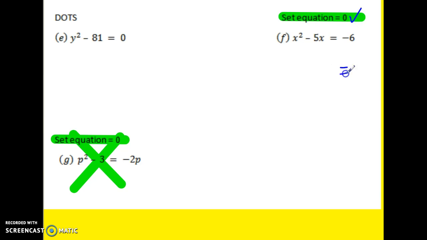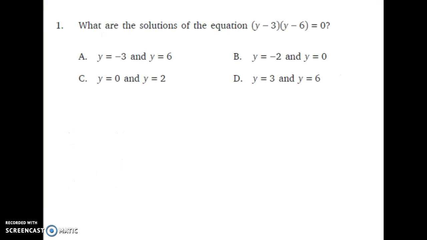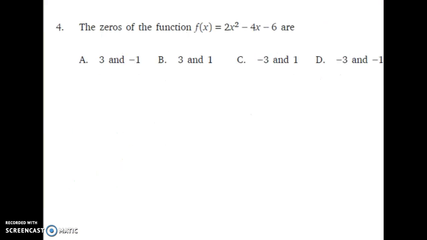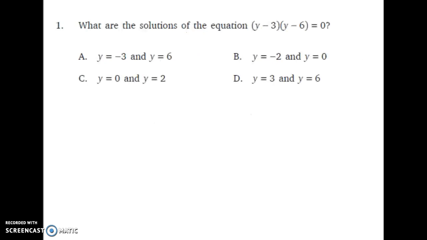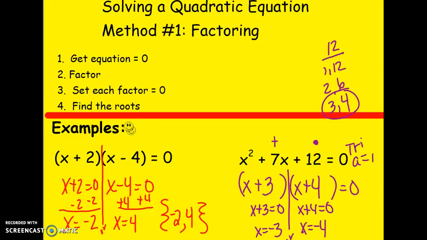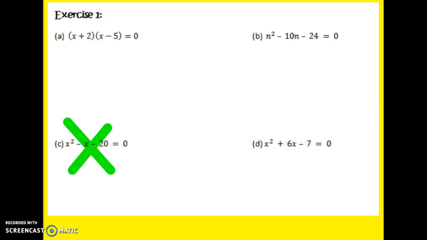So you need to get the equation equal to 0 before you can factor and solve. Then after that, we will go through a couple of multiple choice answers. And we'll talk about how you can answer these questions or find the roots without solving, where you can just use your calculator.